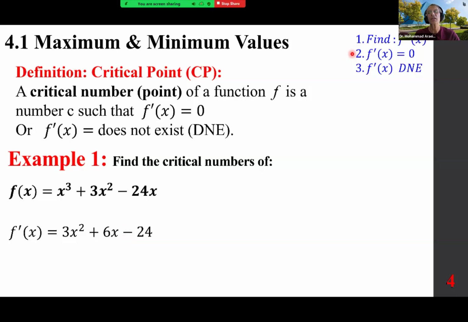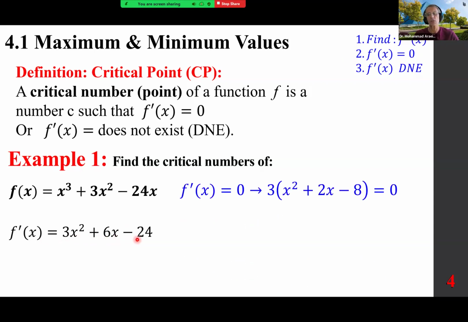Step 2, f prime equals 0. We want to set this equal to 0 and solve. To do so, I'm going to factor out the number 3, and it becomes 3 times x squared plus 2x minus 8 equals 0. I'm going to factor x squared plus 2x minus 8.